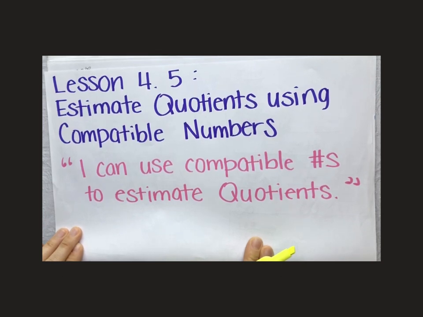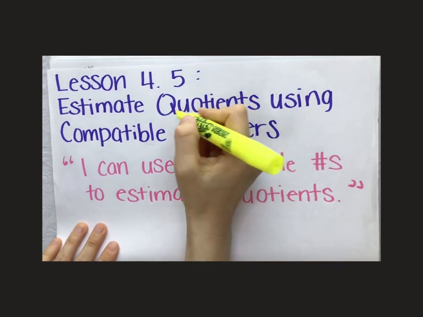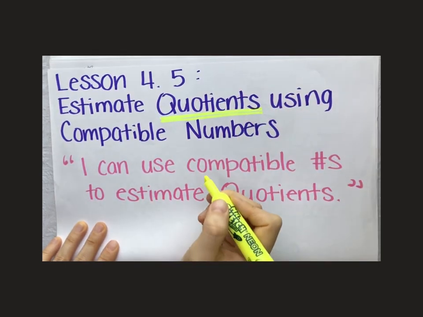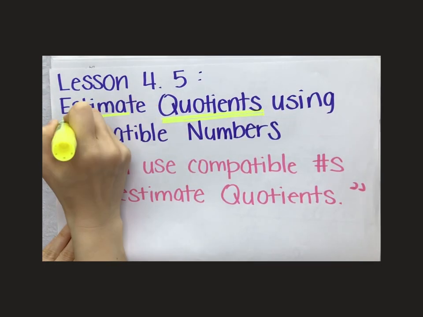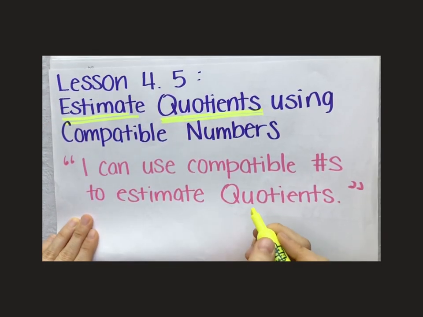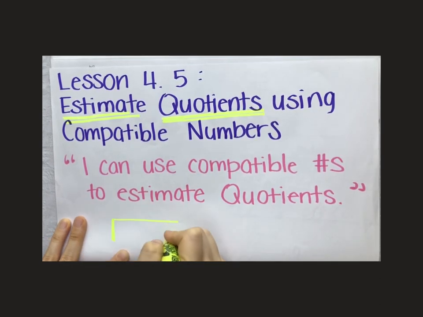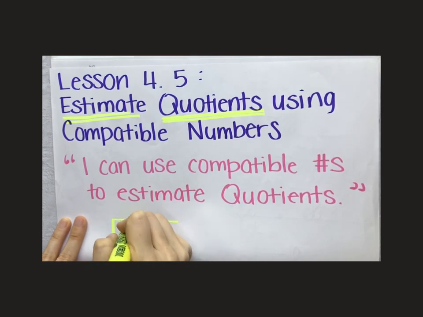So boys and girls, before we start, let's review some terms. Remember the terms that we went over: quotient and estimate. First of all, quotient is what we get when we divide. The number that is inside is called the dividend.